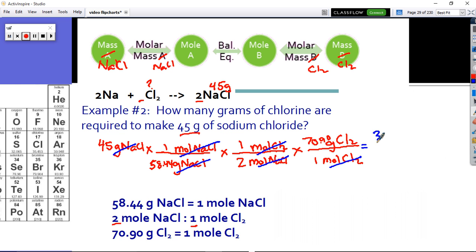And on the bottom, 58.44 times 2 times 1, which is 116.88. Then I'm going to do the top number divided by the bottom number, which gives me a grand total of 27 grams of chlorine, and my final answer.